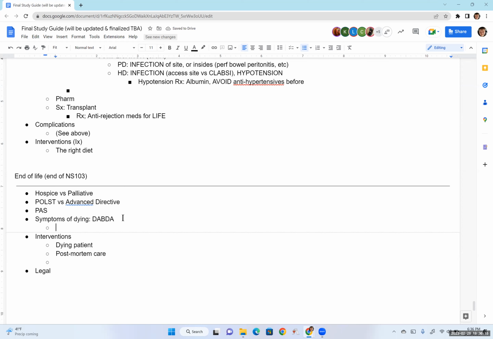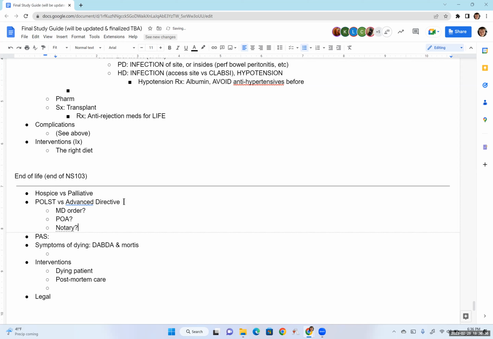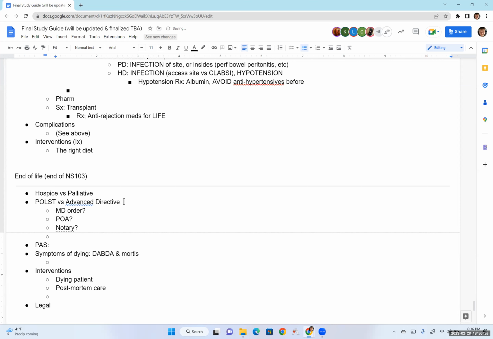You have DABDA and you have skin changes and rigor mortis, right? PAS, like what that involves. What POLST versus advanced directive, which one is an MD order, which one has a POA attached to it, which one needs, I don't know what else, which one needs a notary. Okay.